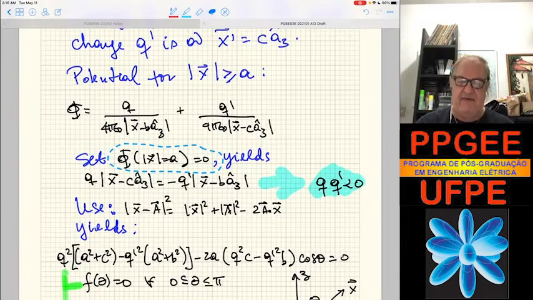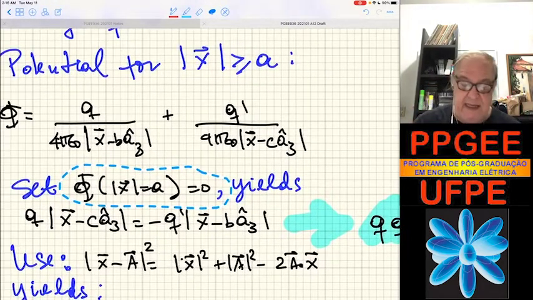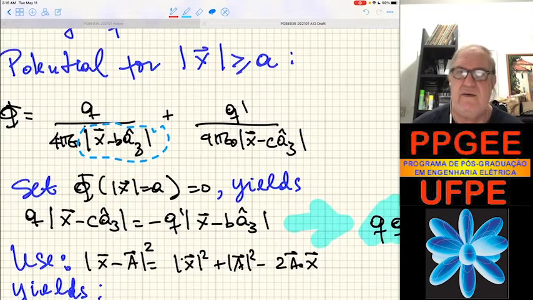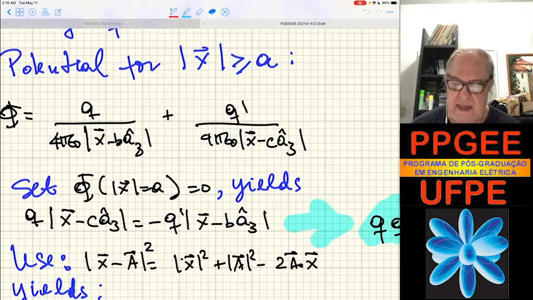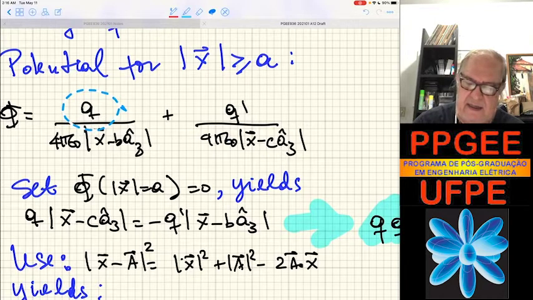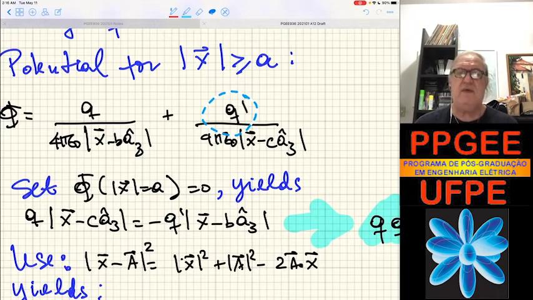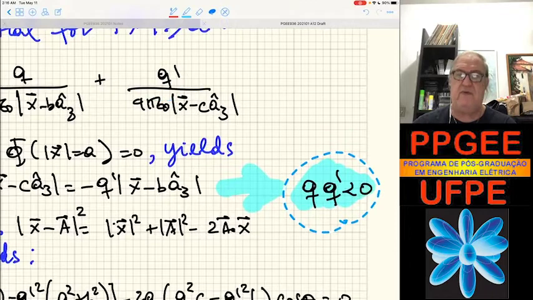Before doing anything, just notice that this is a positive definite quantity. This is also an absolutely positive quantity. So the signs of those two quantities have to be opposite. So Q prime has to have a sign that is opposite to that of Q.